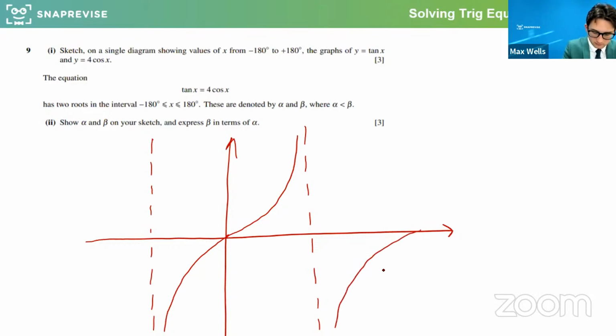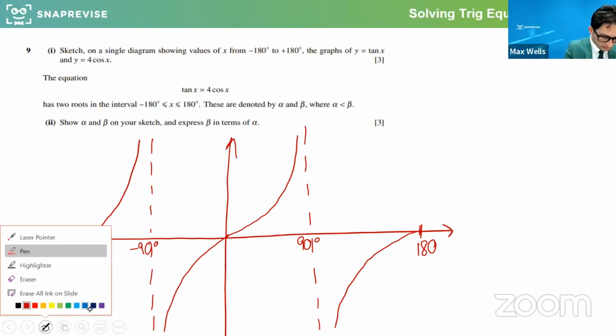That would be 180, and that bit would be like that. So that's the tan graph.